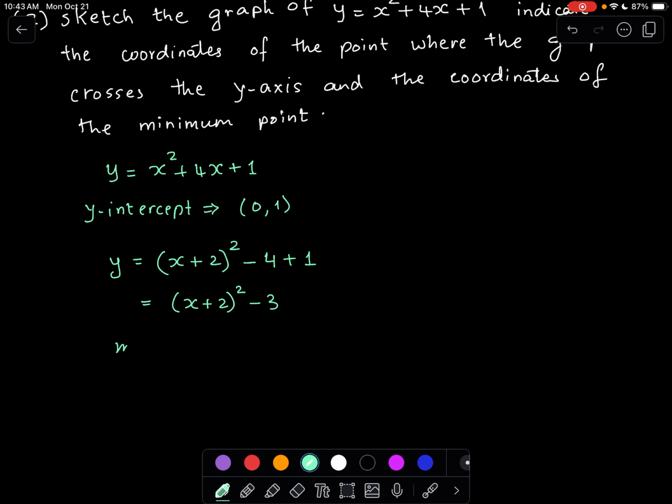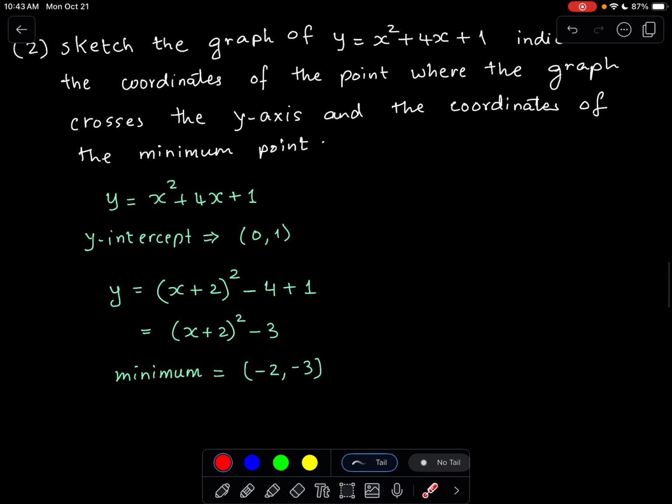So the minimum point is minus 2, minus 3. Remember from the previous example, it's minus p, q. Right? So now that I have all the information, I can go ahead and sketch the graph.